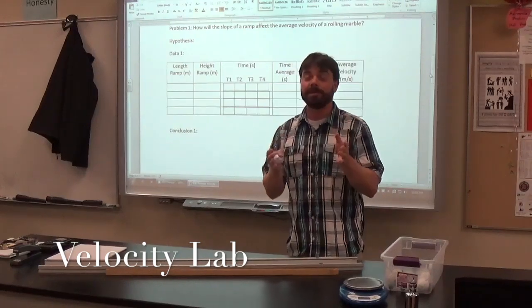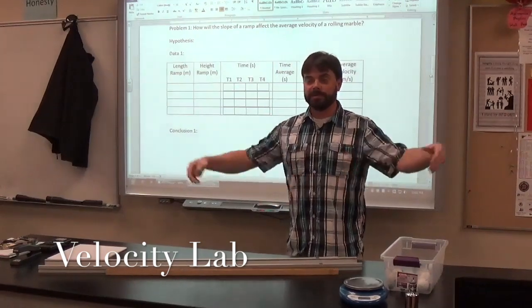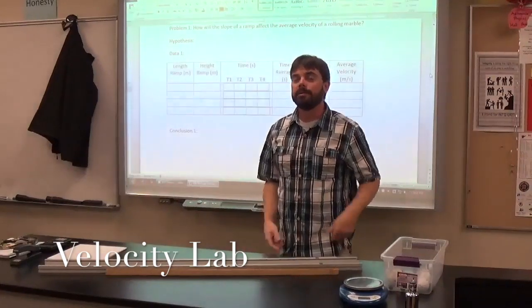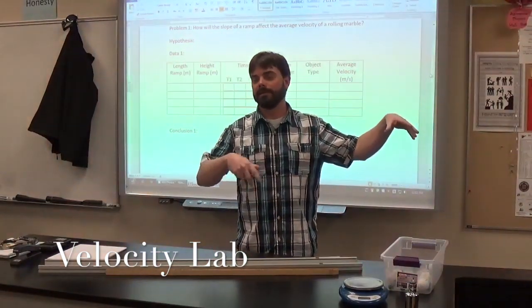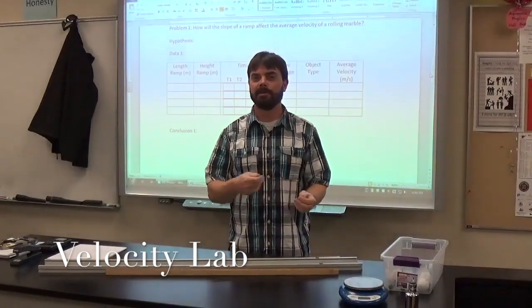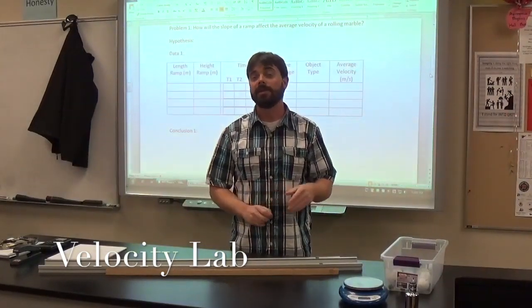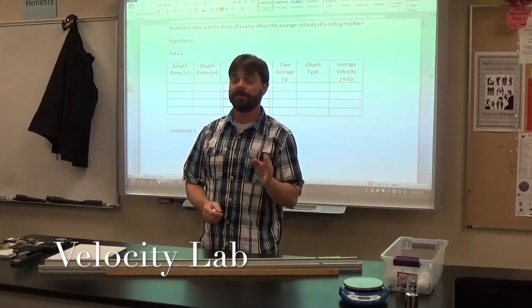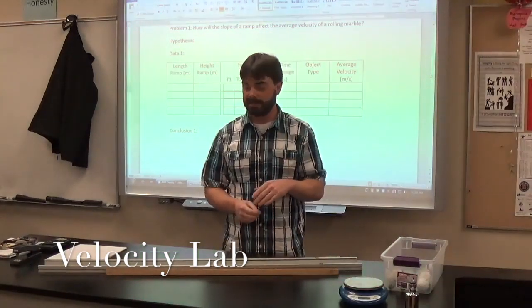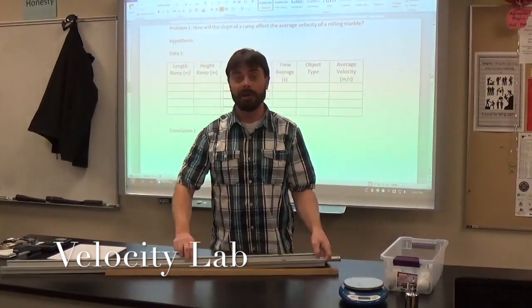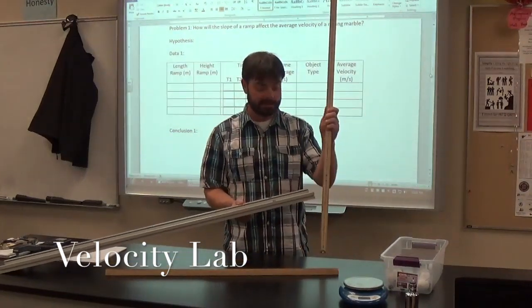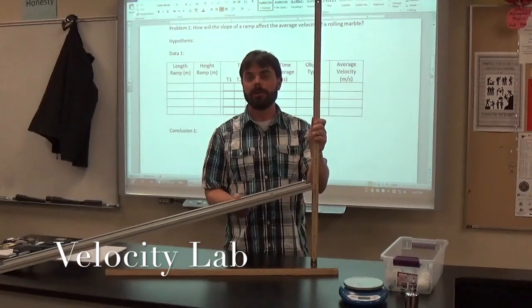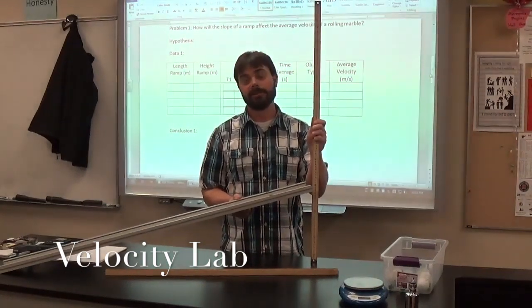If you guys are feeling adventurous and you want to take this to a much larger scale, you could do this outside. If you had a long hill or like your sidewalk or someplace outside and you wanted to roll an object, you could do that. The only thing that you have to consider is you still need to measure the total change in height. So if you use a small object such as a ramp, it's pretty easy to just lift up one end of the ramp and either set a ruler or a meter stick or something there to figure out the height.